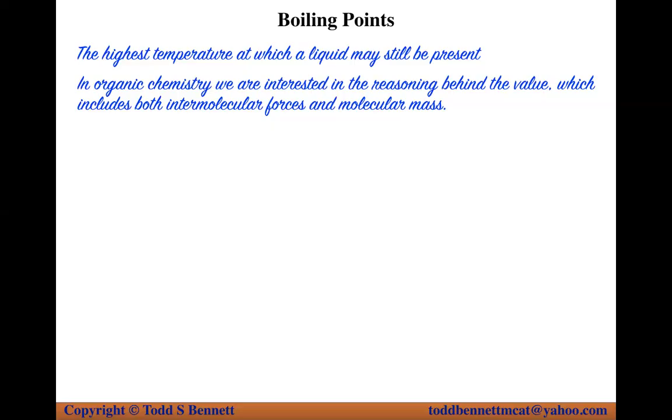And to revisit, the 3 we're going to worry about will be H bonding, polarity, so polar-polar, dipole interactions, and then London dispersion forces. Those are the 3 we're going to worry about. So the reasoning behind the boiling point is going to come down to 2 factors: intermolecular forces, which we just named, the 3, and then molecular mass.